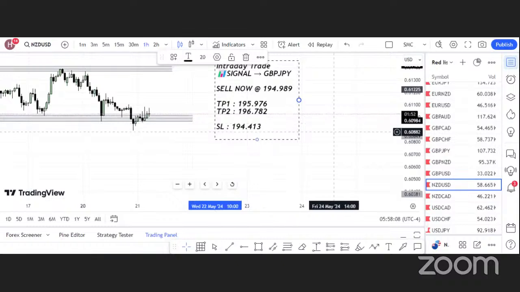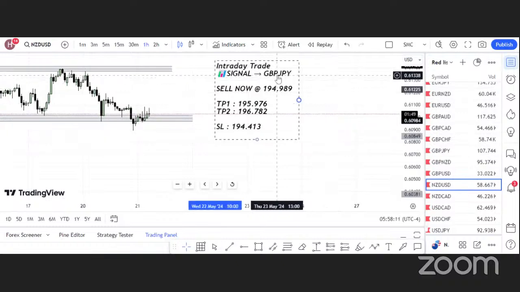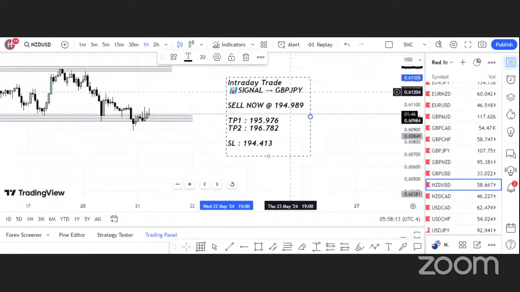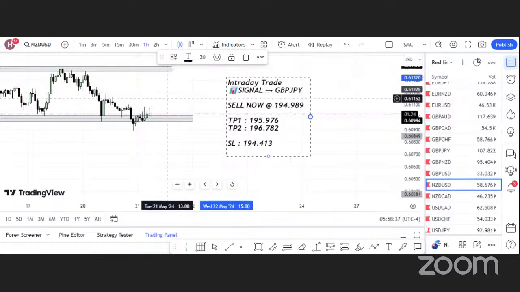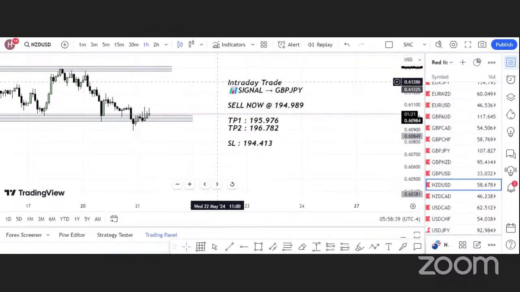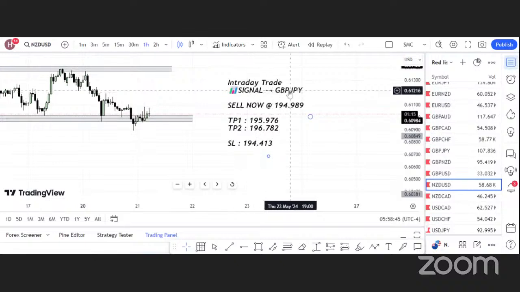So this is how a signal looks like. You see, the signal is saying this is a sell signal, and the signal is GBP JPY.